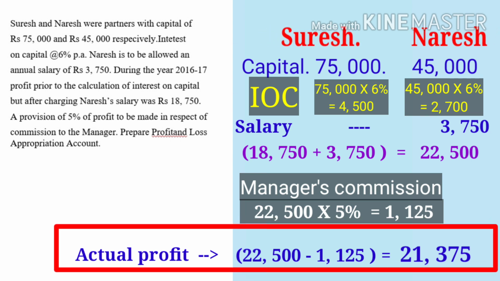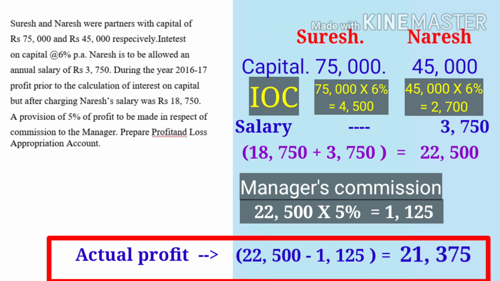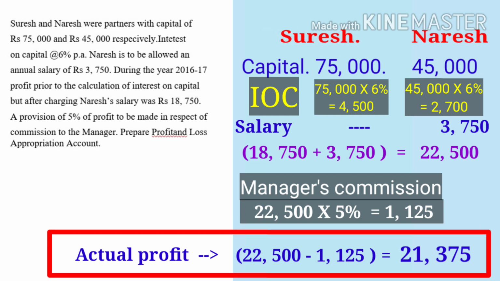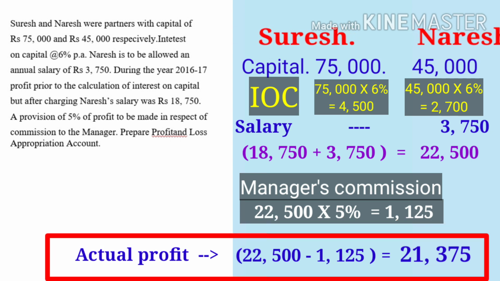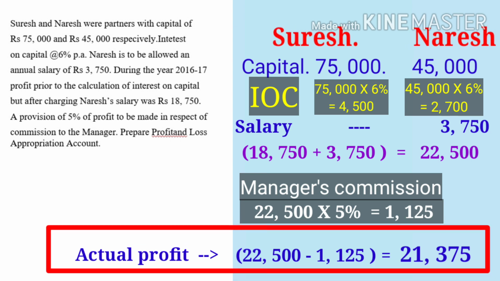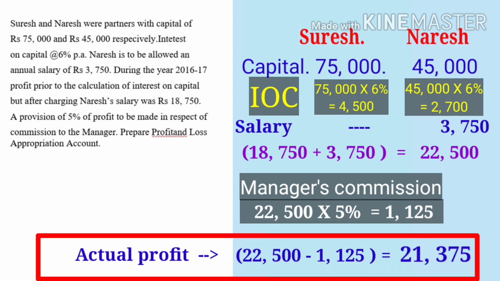If there are any expenses related to the profit and loss account, then we have to deduct them first. Only then will we get the net profit that needs to be shown in the profit and loss appropriation account. Clear? It is very simple.